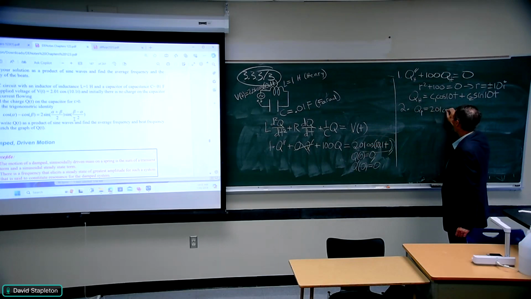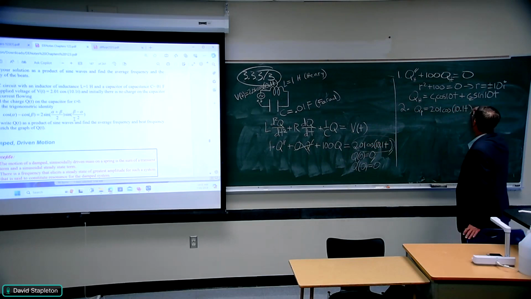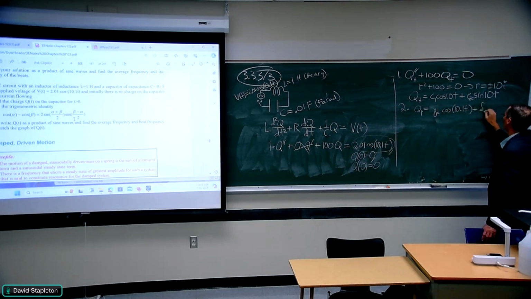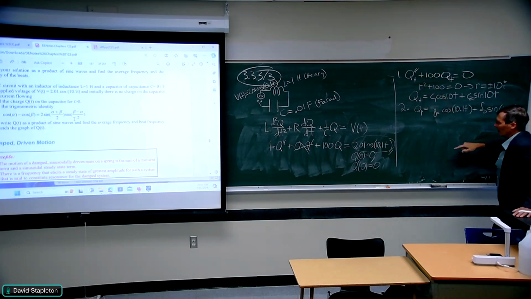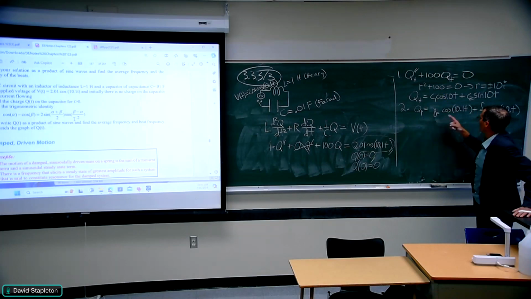gamma 0 cosine 10.1t plus delta 0 sine 10.1t. So it has to oscillate at the same frequency, but it's gonna have different constants in general. And now here's where I save you a little bit of time and say, since there's no Q prime term, once again, if we have a cosine over here, we won't need the sine on this one.